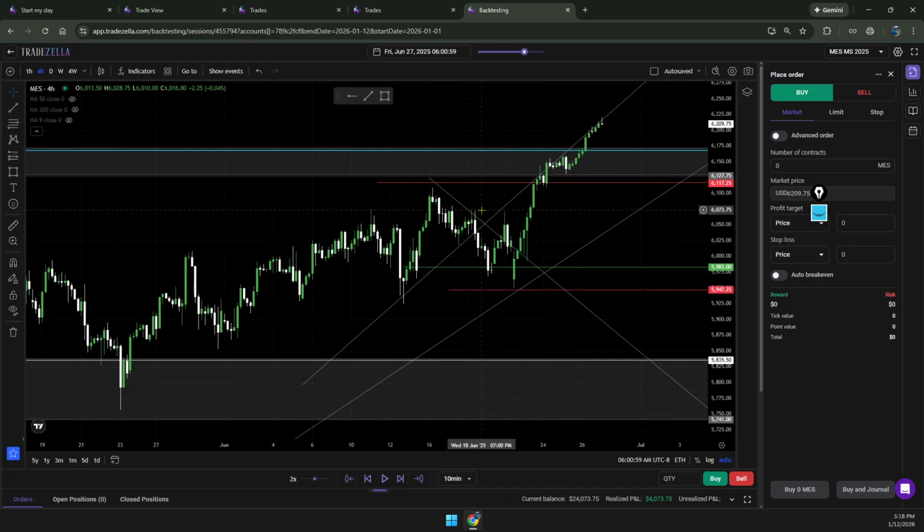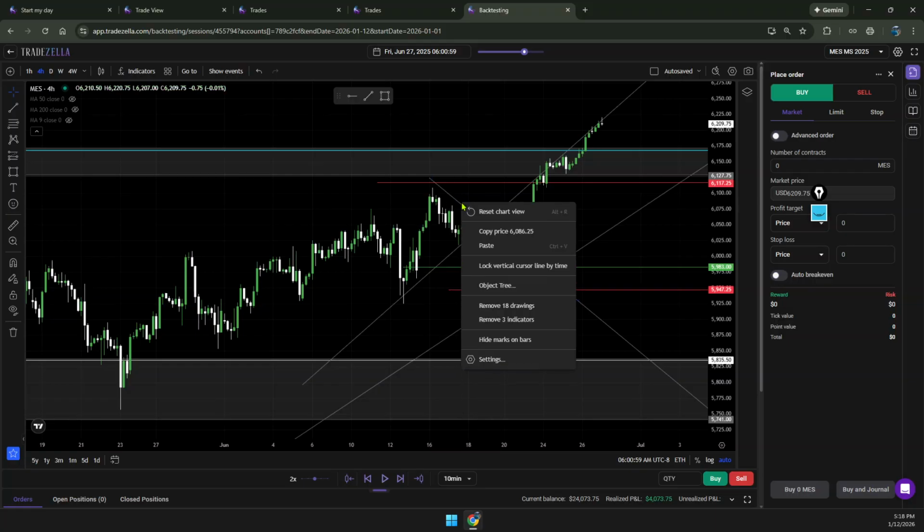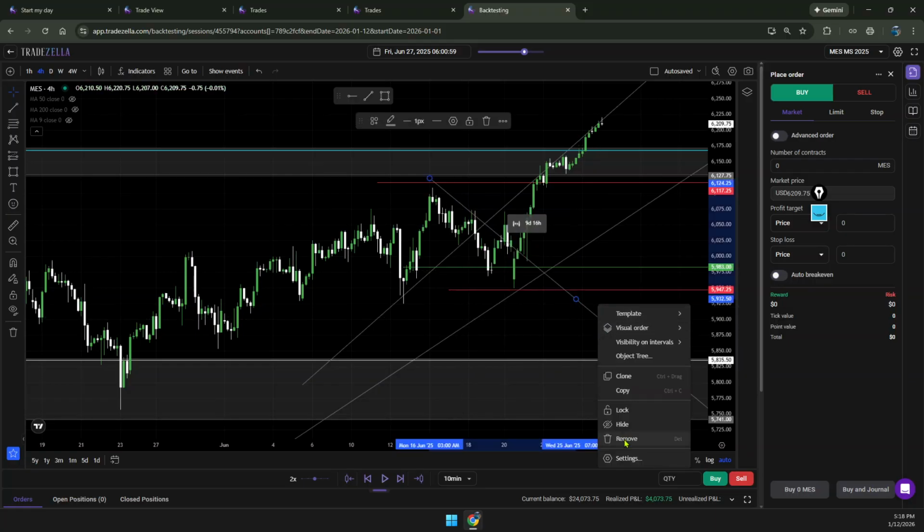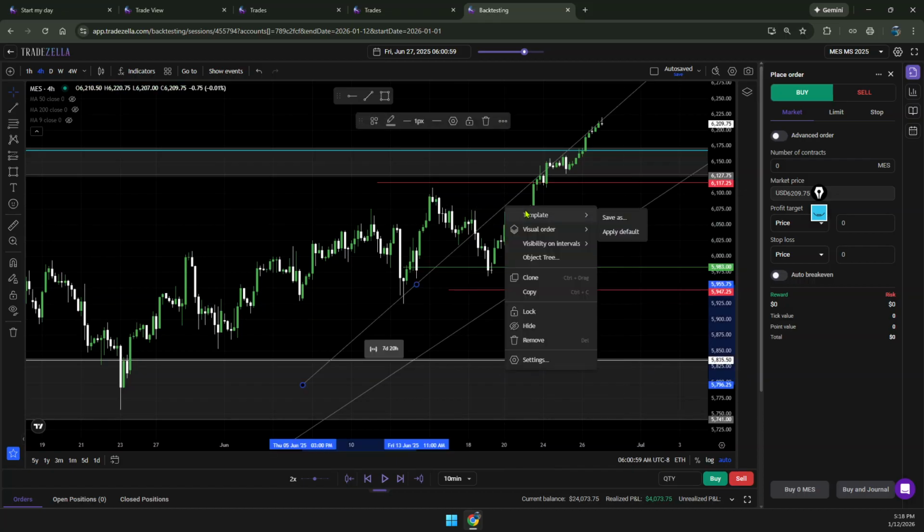Be ready, because if it actually bounces off of that, you may be in a bounce move getting ready to break an upper trend line. So just be aware of that. That's definitely a possibility.